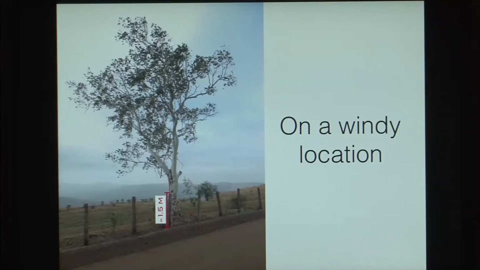Now, consider similarly this lone tree on a windy slope. What can we say about the wind pressure faced by this tree? Will it be facing high wind speeds or low wind speeds? Is there any shielding to protect it from high wind pressures? No, right? Because there are no trees surrounding this lonely tree that could shield it from wind speeds.